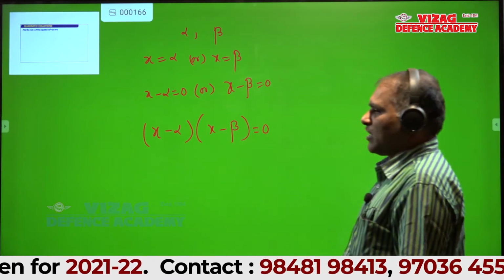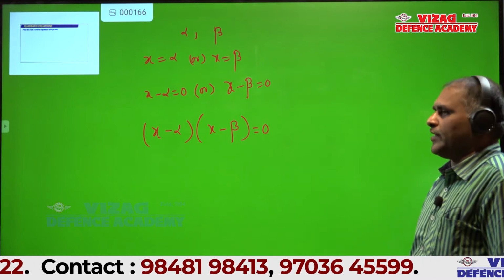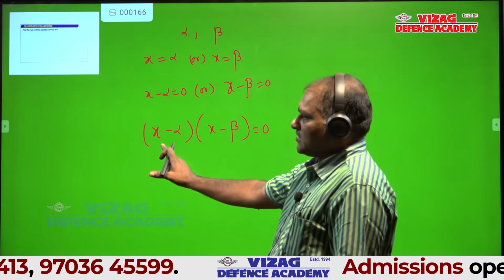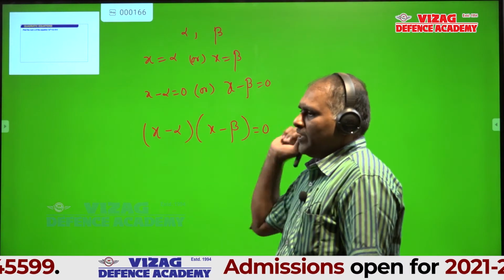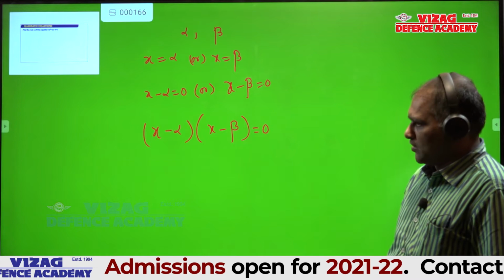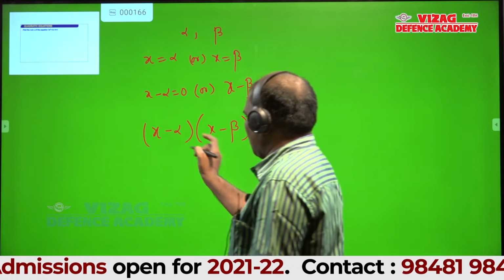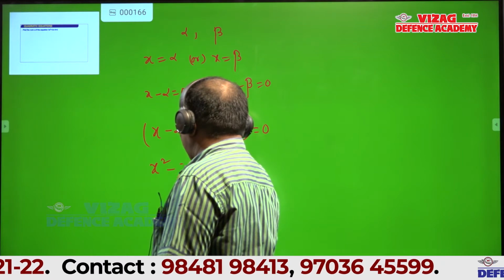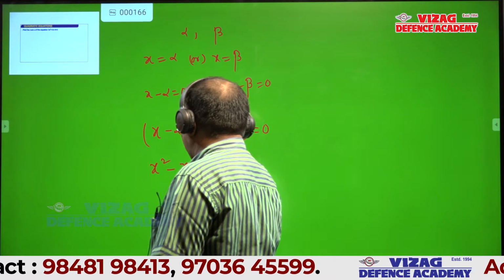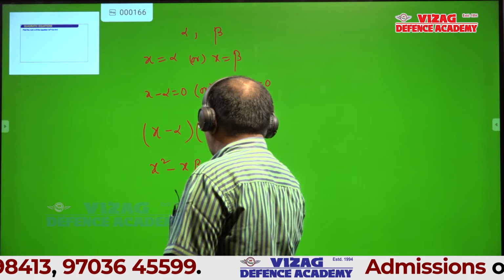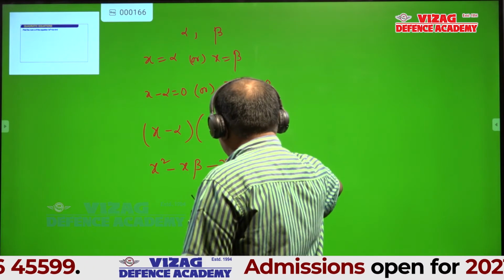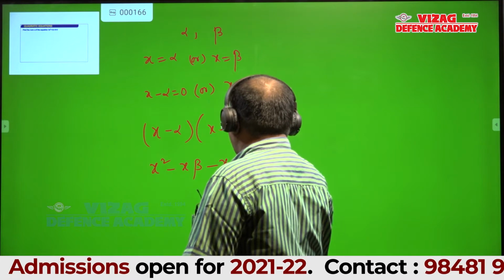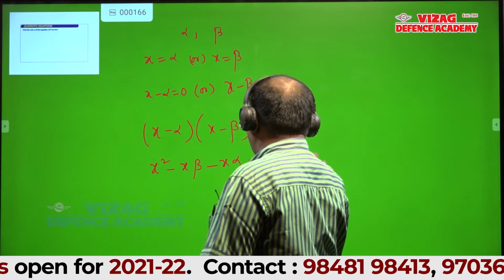When two roots are given, how to find the quadratic equation? It is of the form x minus alpha into x minus beta is equal to 0. You can multiply: x square minus x beta minus x alpha plus alpha into beta.